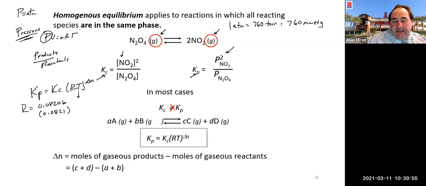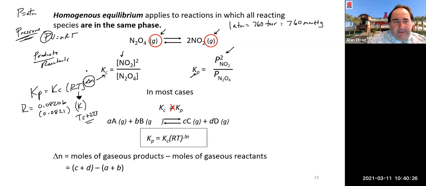Temperature, just like with gases, usually needs to be in Kelvin. So that's Celsius plus 273 if you need to do that conversion. And the thing that's really important here is the delta n. The delta n is the change in the number of moles of gas, and it is found by taking the product gas moles minus the reactant moles of gas.